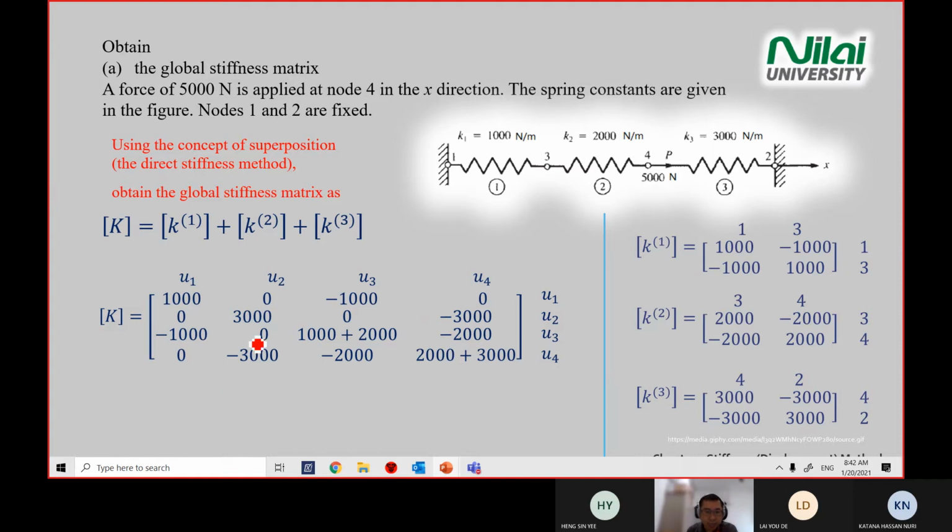So what is special is this number. Okay, why we have 1,000 and 2,000 here? Because we have an overlapping of matrix here. In textbook calculation, we put U1, U2, U3, U4. Here is just to conveniently pair up with the displacement later on.